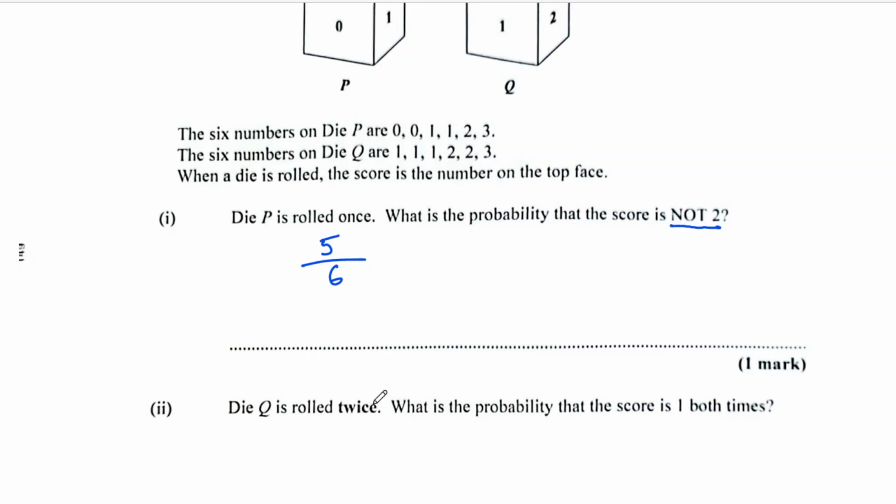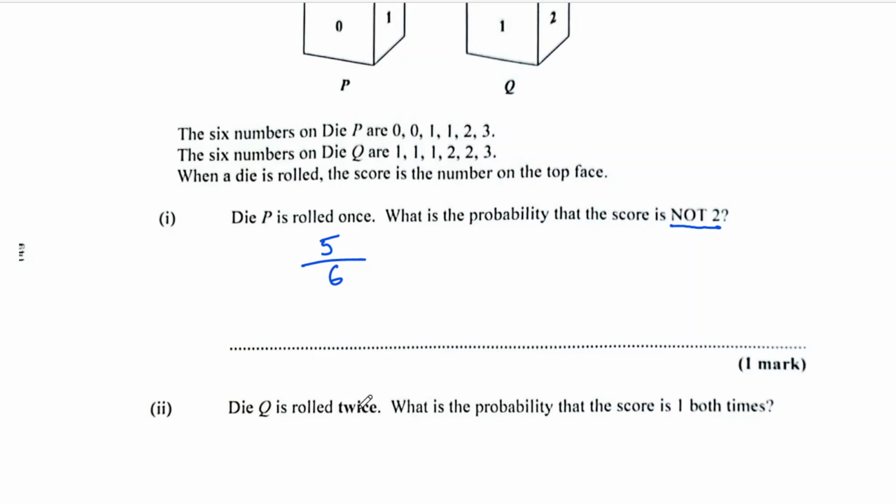Right, part 2. Die Q is rolled twice. What is the probability that its score is 1 both times? Right, so in a probability question, once we have events occurring more than once, so in this question they say it is rolled twice, these are called independent events.